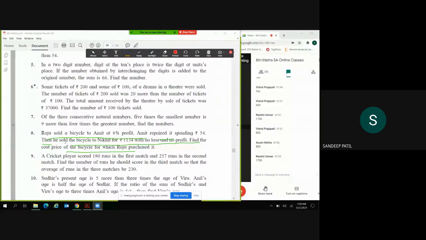So we know that a cricket player already scored 180 and 257, and we have to find the number of runs he should score in the third match. So variable x will be the runs required in the third match. Okay, so how to put this into equation format?